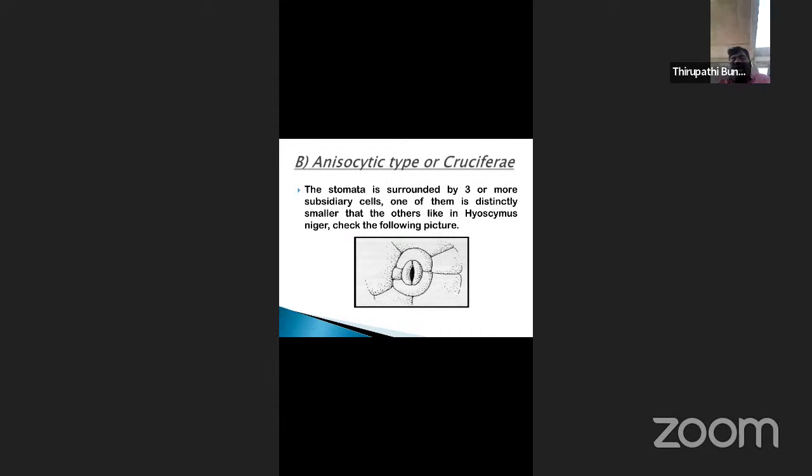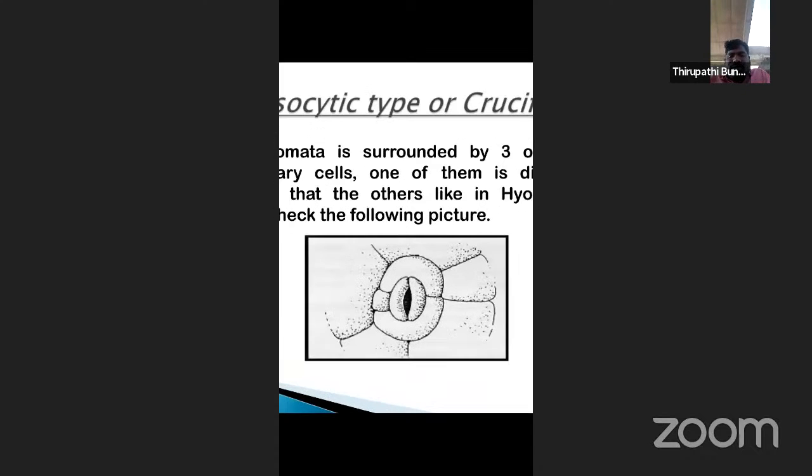Anisocytic means unequal. Centrally arranged guard cells are surrounded by subsidiary cells; one is small and the remaining are big.